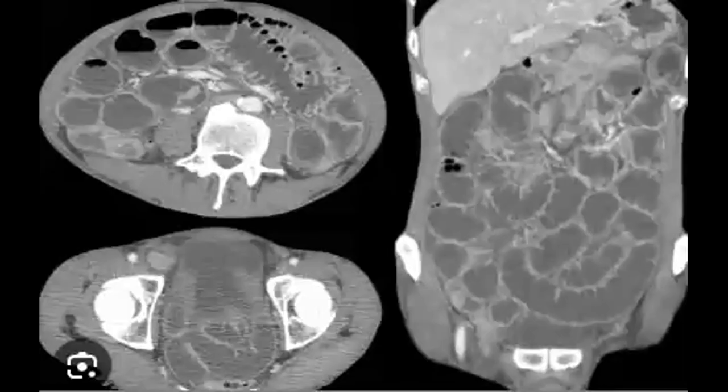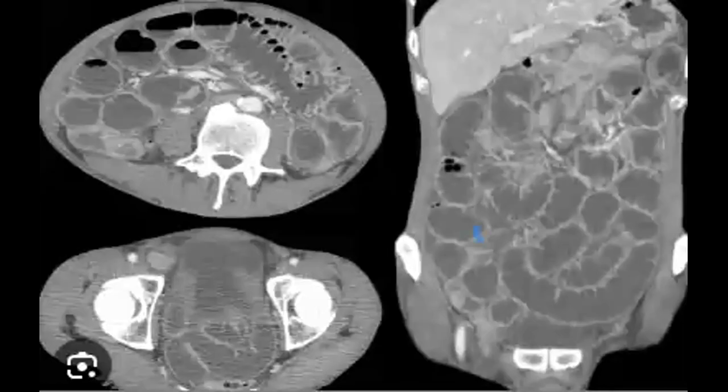Let me show you what I want to. So this patient, if you agree with me, has a critical situation.